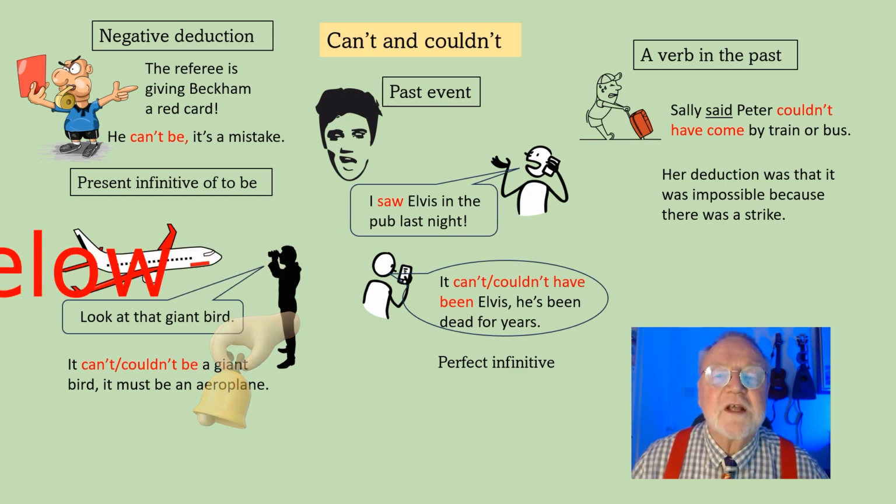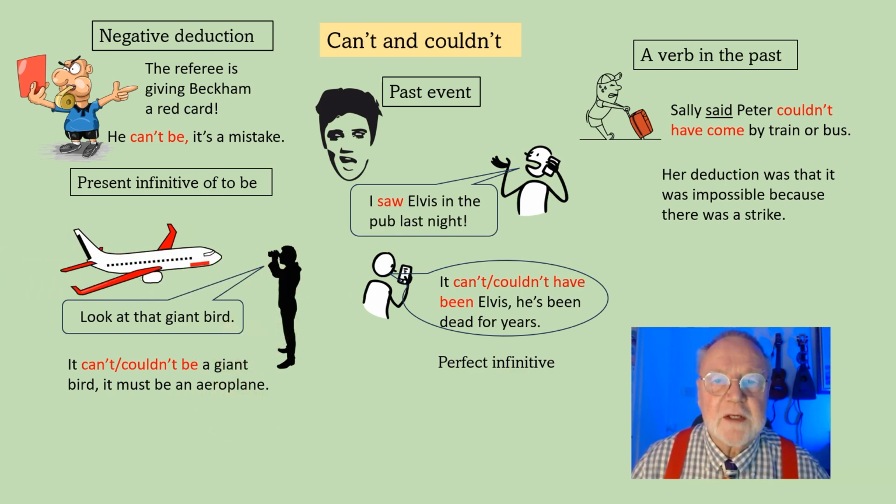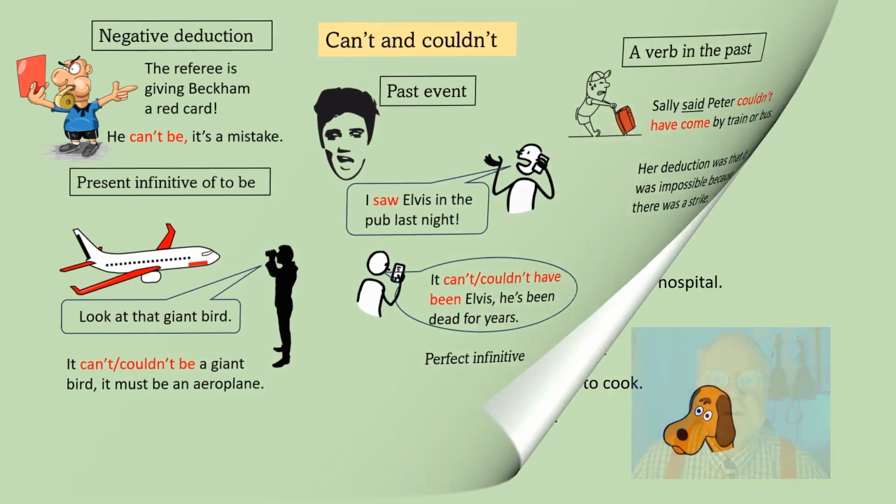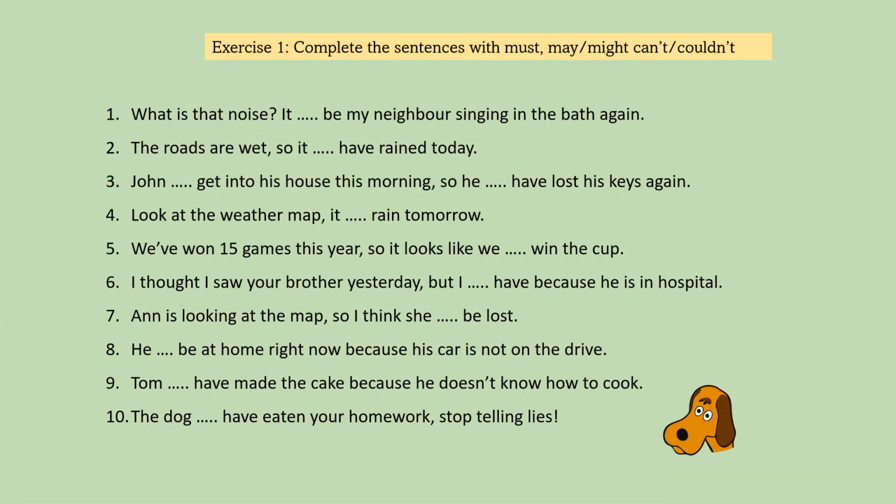Now here's some exercises for you to practice. The answers I've given are mostly the answers I would give as an English speaker. There are in some cases other answers. Exercise 1. Complete the sentences with must, may or might, can't or couldn't.